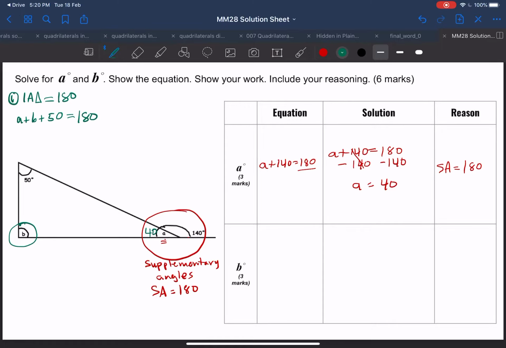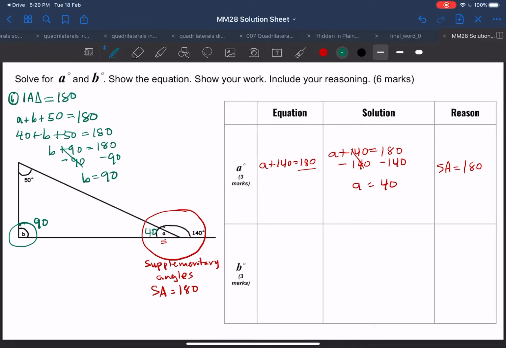We know A is 40, and B is what we're looking for, plus 50 equals 180. So that is B plus 90 equals 180, minus 90, minus 90. B is equal to 90.